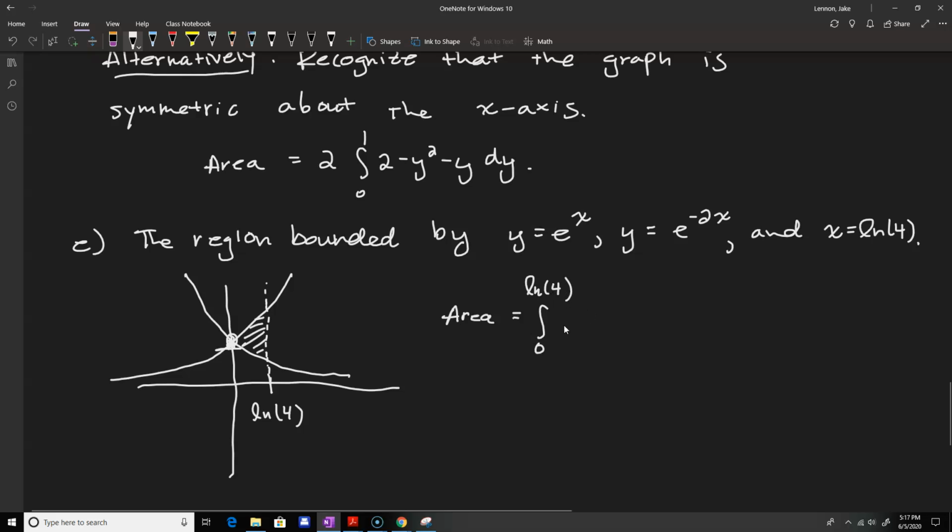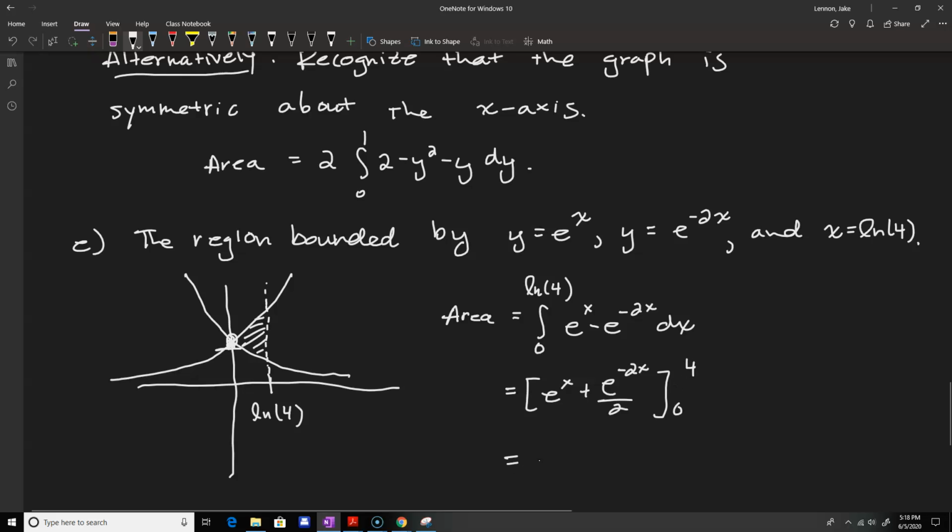And clearly the e to the x curve is on top, so it's going to be e to the x minus e to the minus 2x dx. And so this integral is just e to the x. We have to divide by -2, so that's going to be plus e to the minus 2x over 2 from 0 to ln 4.